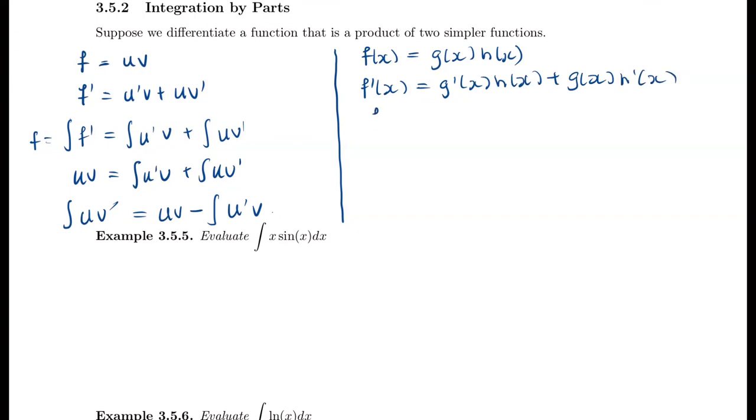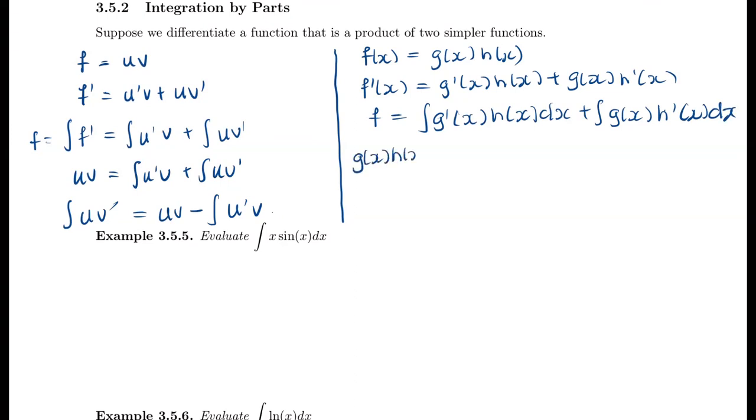Integrating both sides, we get the integral of g prime of x h of x dx, plus the integral of g of x h prime of x dx. Since f is g of x h of x, we have g of x h of x equal to the integral of g prime of x h of x dx plus the integral of g of x h prime of x dx.